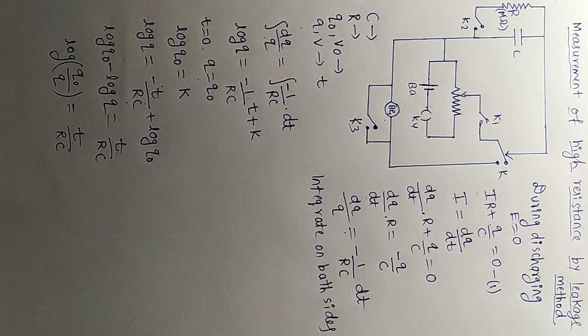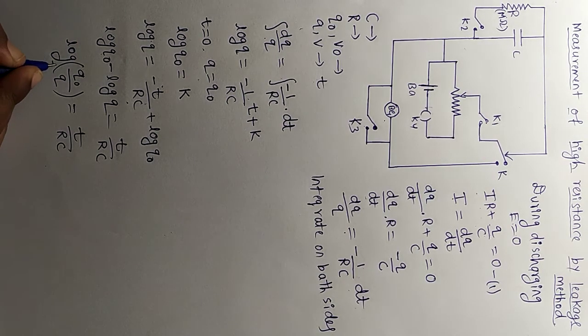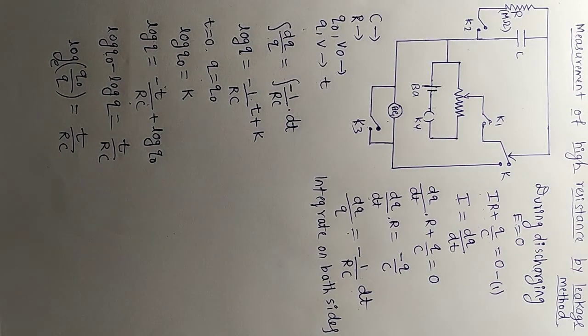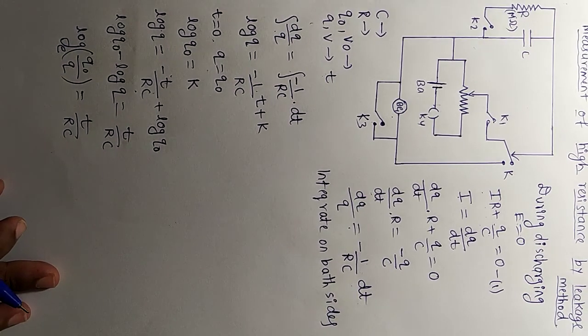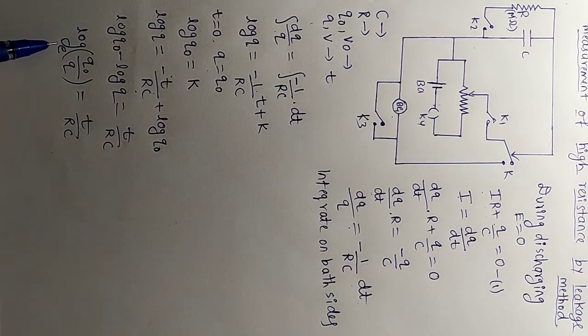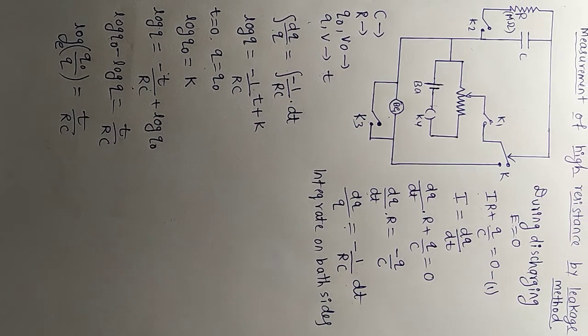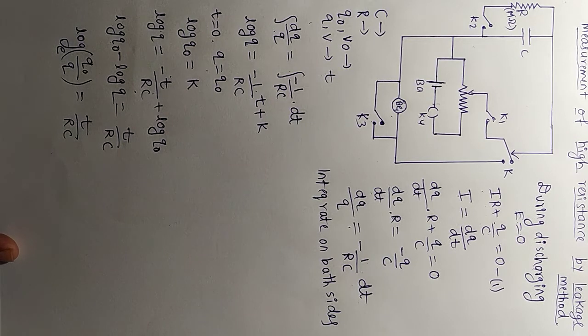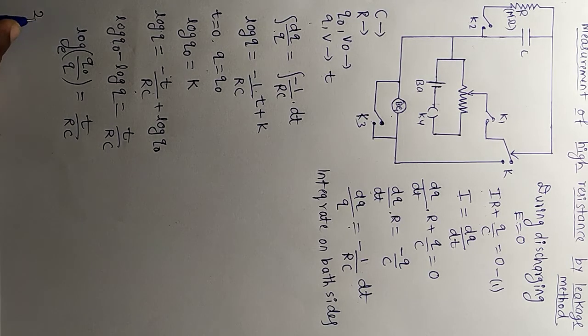But for this log there is a base of e. What is the base? Base is e. Now this base e I should change to log to the base 10. You know the procedure. Whenever log to the base e is there, if you want to change to log to the base 10, then we should multiply with 2.303.